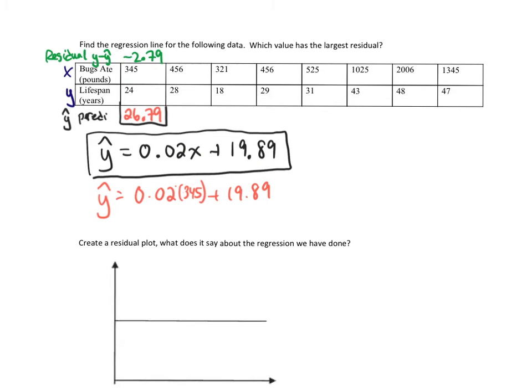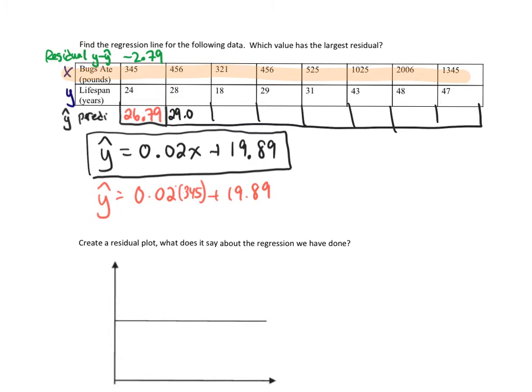So now I'm going to continue. I'm going to plug all these x's in to get all my predicted values. You can obviously calculate them by plugging all these values into the regression equation, but just so you're not watching me plug these in every time, I'll just write them down.